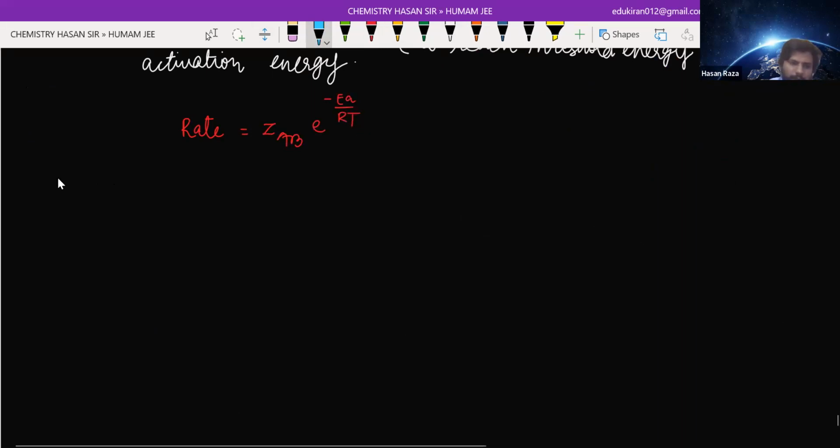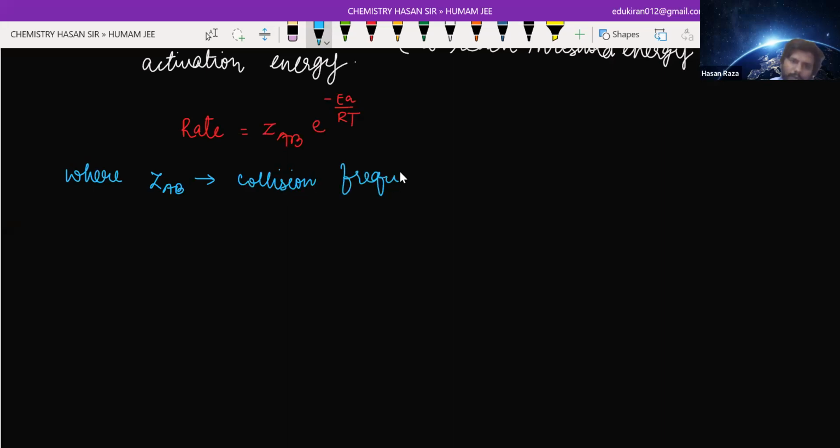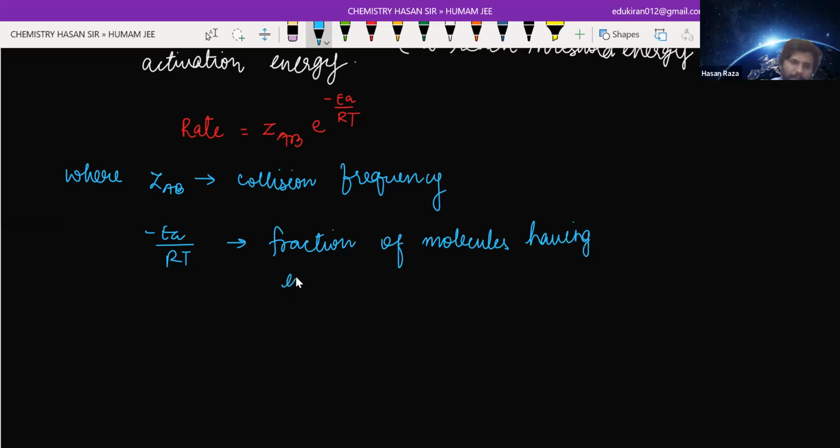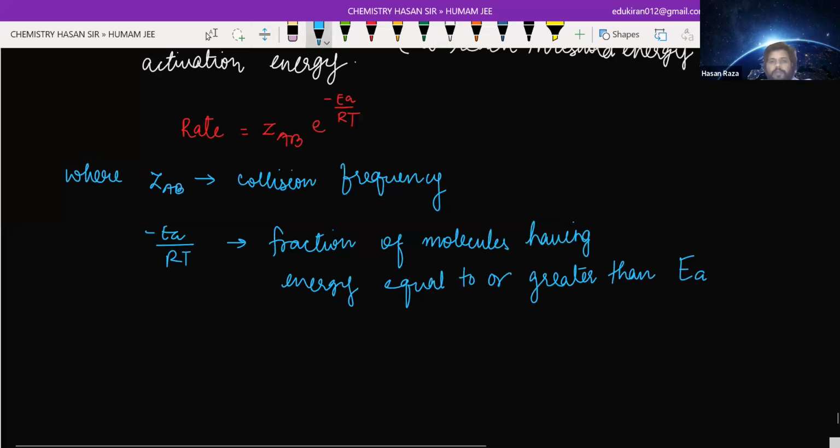This is the rate, where ZAB gives you the collision frequency, and e to the power minus EA upon RT is the fraction of molecules having energy equal to or greater than activation energy. So please do write it.